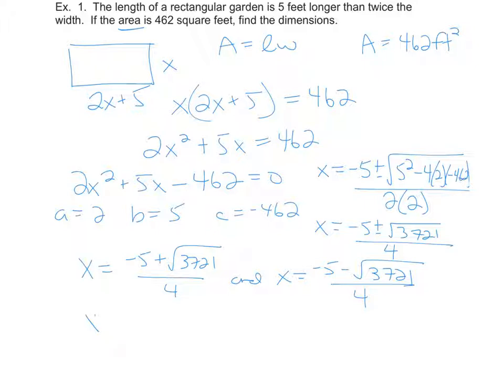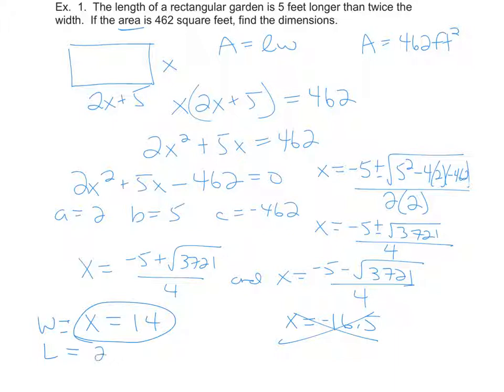Using my calculator, I'm going to get x equals 14 and x equals negative 16.5. Since this is an application problem and x represents width, I obviously can't have a negative 16.5. So my width is going to be 14, and my length is then going to be 2 times 14 plus 5, which ends up giving me 33.